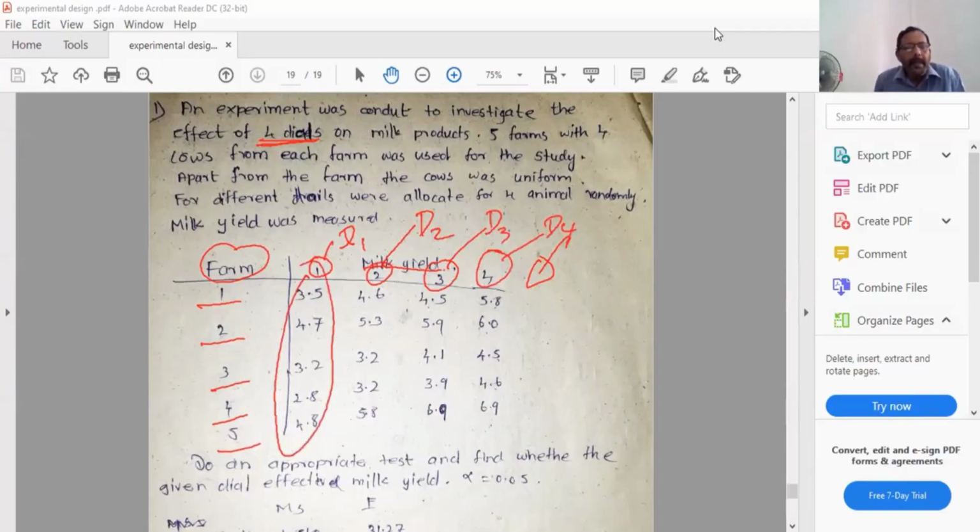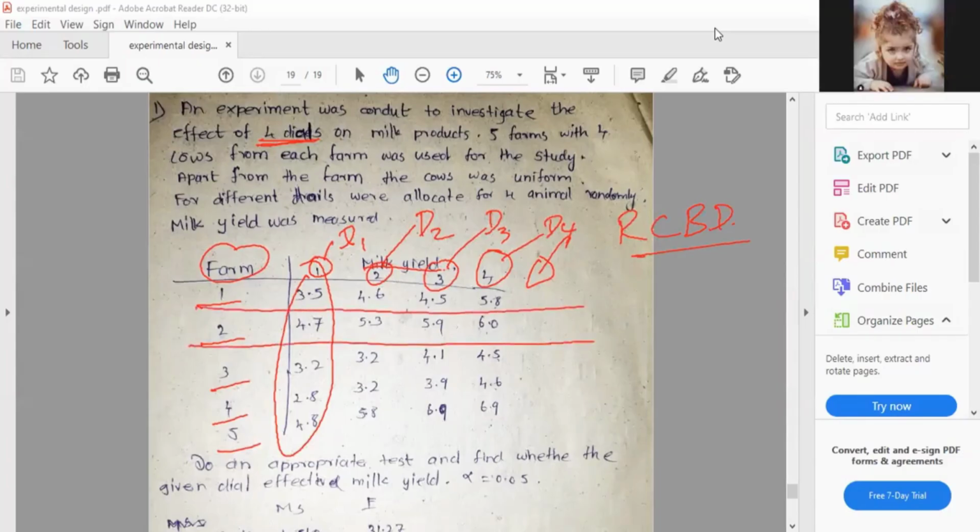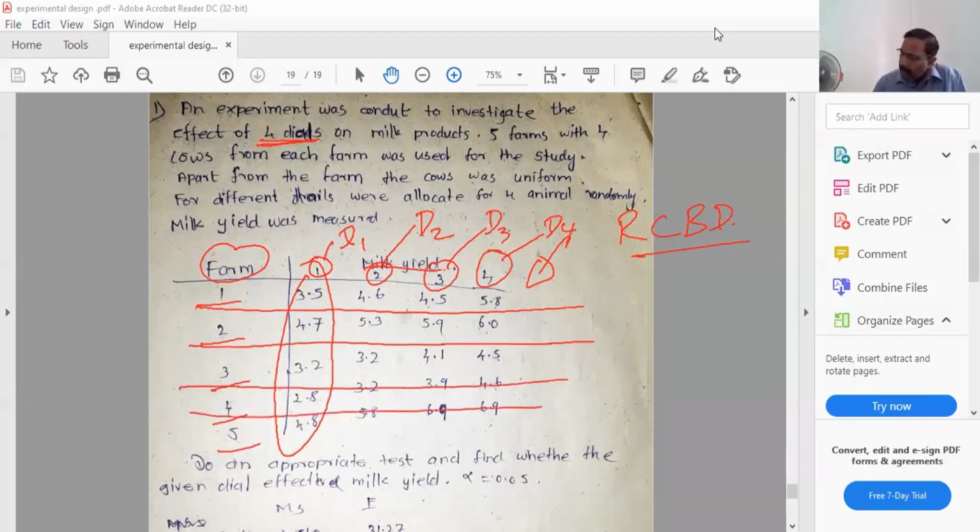So this is the setup. Now, can you tell me what is block? Because this is RCBD. So what is block? Farm is the block. Yes, we have the block. You see, this is block. So this is block 1, block 2, and block 3.